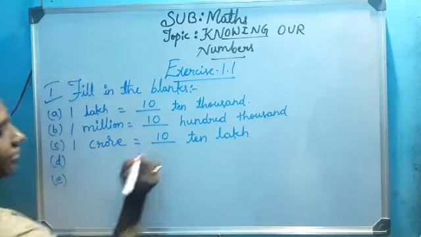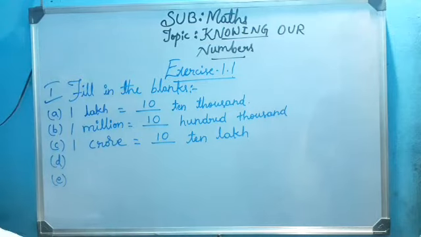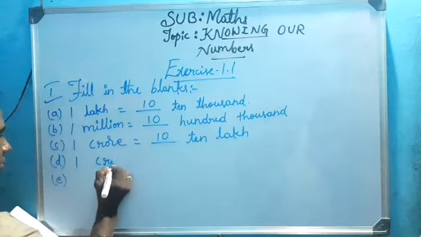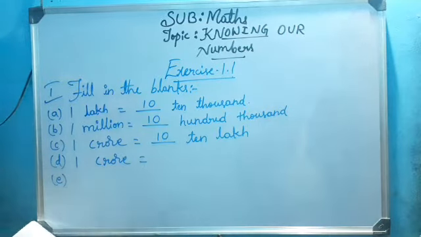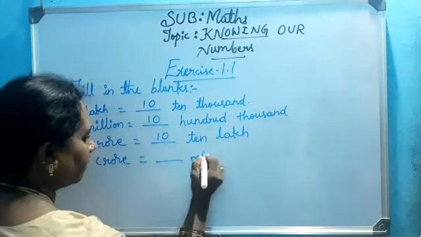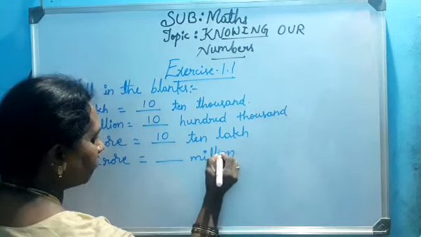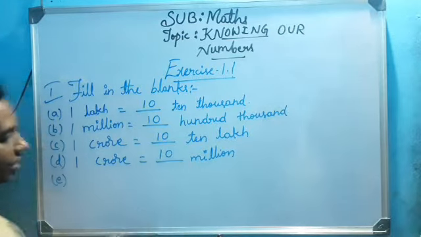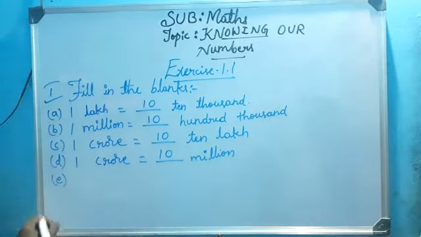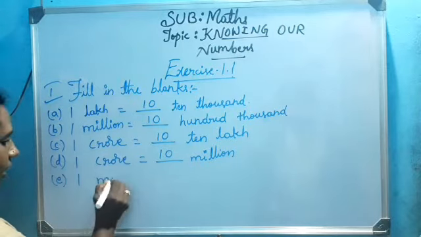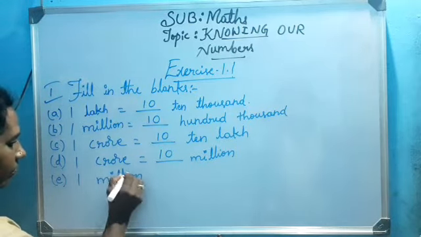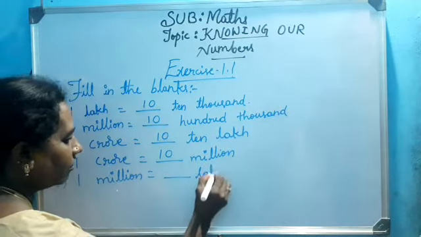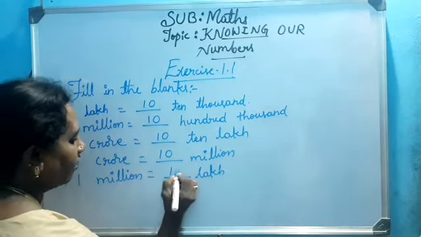Yes, 10 lakh. The fourth question: 1 crore is equal to dash million. How many millions, children? Yes, 10 millions. The next question: 1 million is equal to dash lakh. How many lakh? 10 lakh.